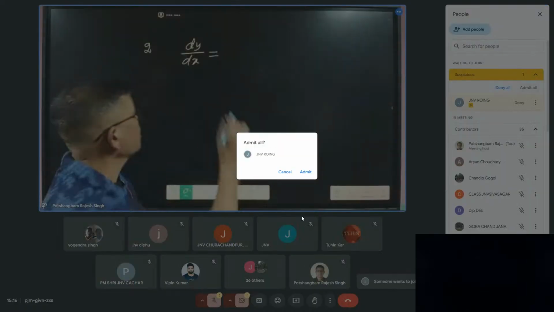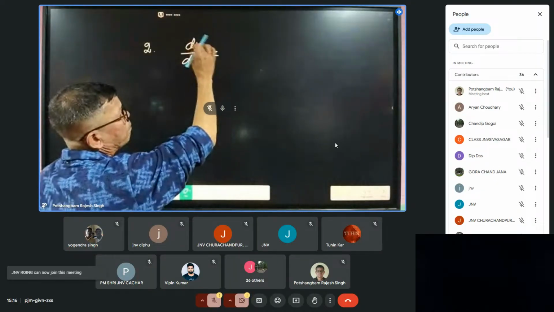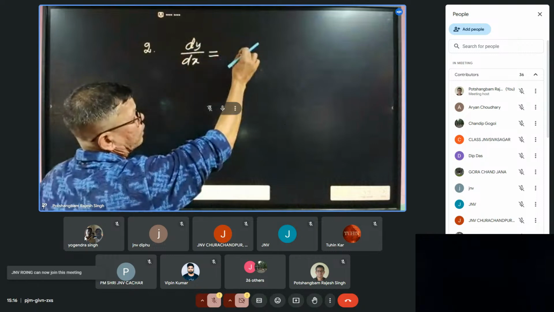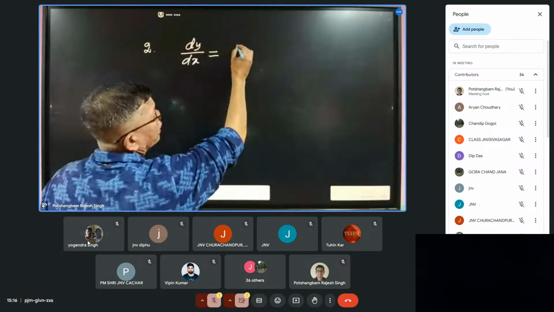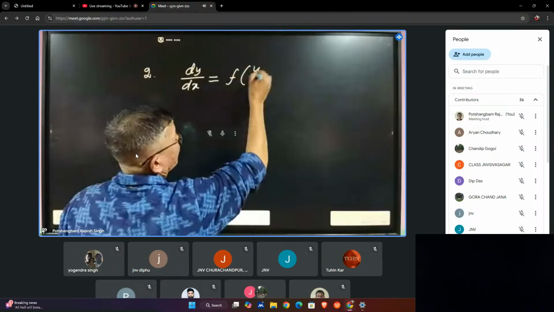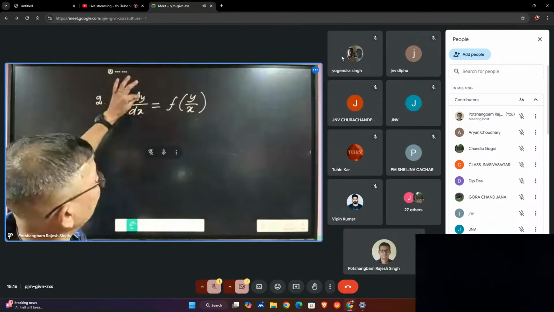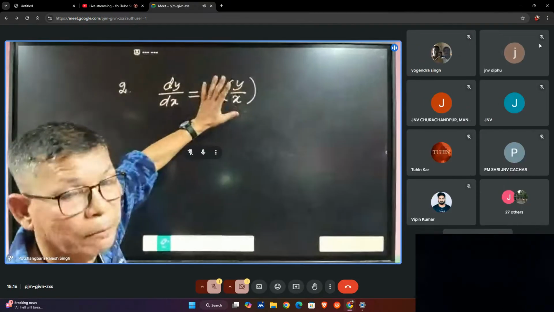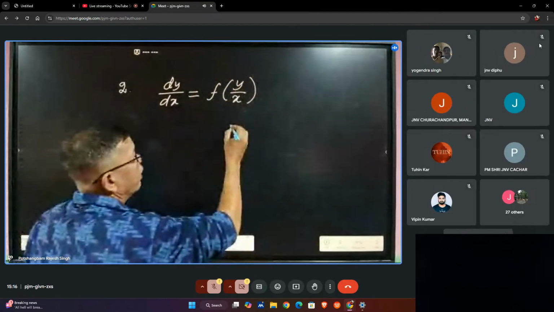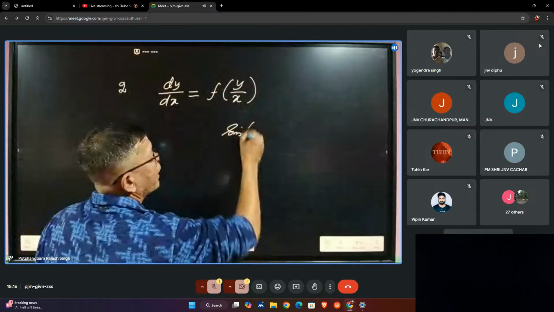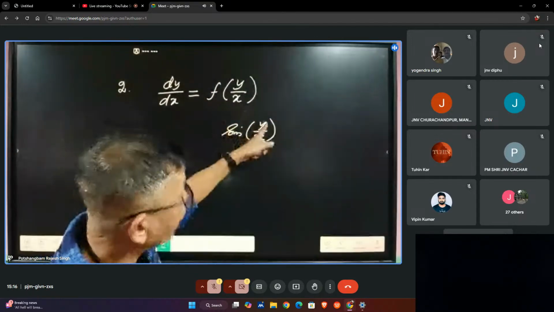When the derivative is completely defined, if the result of the derivative can be put in the form of a function of y by x, for example sine of y by x, then in this case the degree is not defined, but a function of y by x is there.